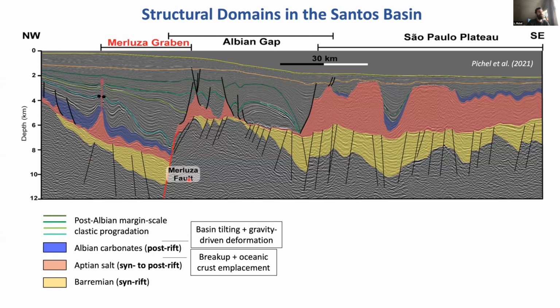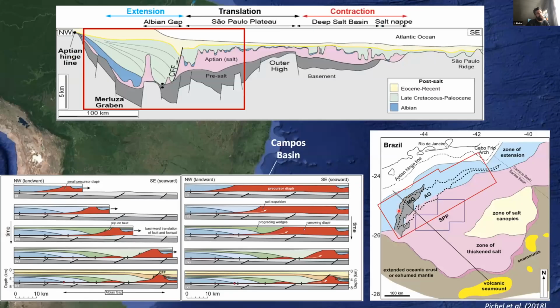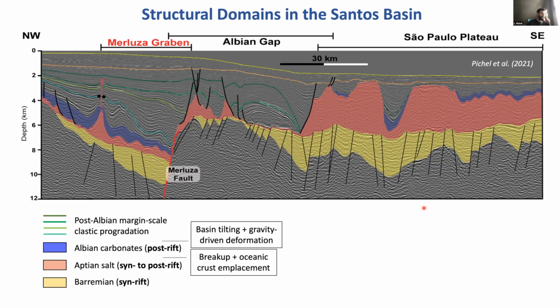What is its role, and how does it interplay or interact with the Albian Gap evolution, and also how does it affect regional salt tectonics in the study area? I didn't mention, but the Merluza Graben overlaps a good part of the Albian Gap in the southernmost part of the basin. And there's quite a good match between the orientation and the dimension of the gap and the Merluza Graben.